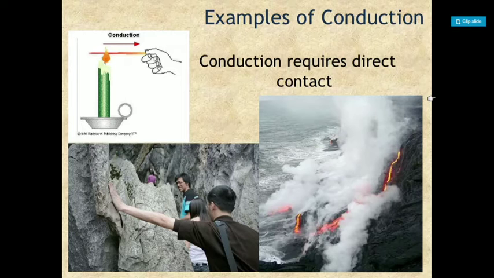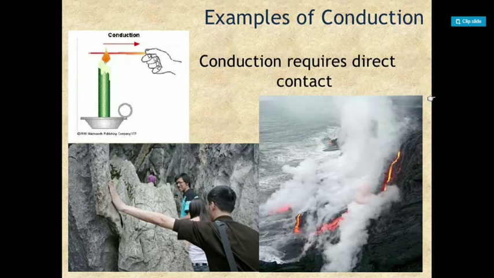The heat from the fire of the candle will travel along the particles of the metal until it reaches your hand, so that you can feel the hotness of the particles.